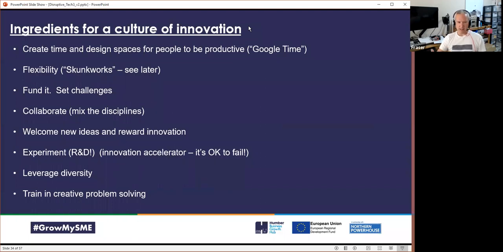If you work in a traditional industry, you might think about innovating, but what do you need to create a culture of innovation? There are some ideas on this slide, and it can be quite a tough thing to achieve, particularly if you've got an aging or a very old-fashioned workforce.